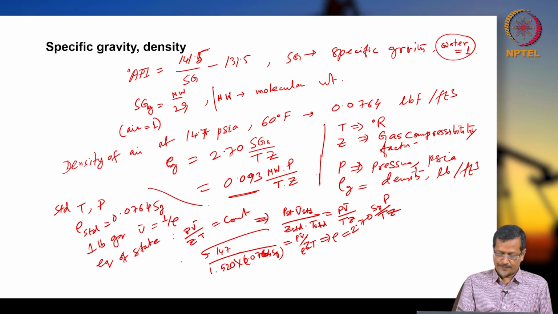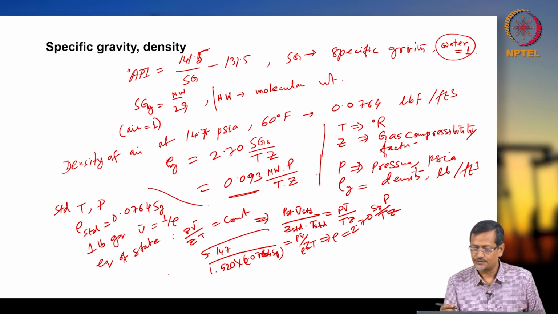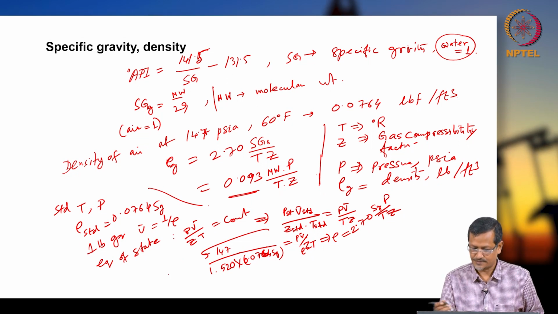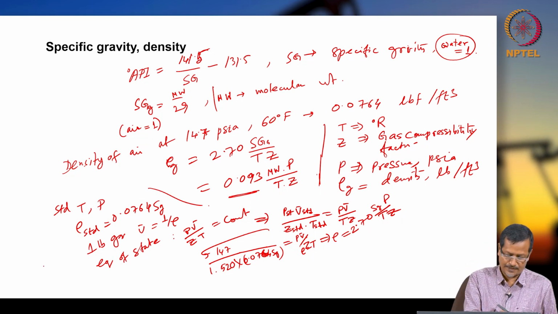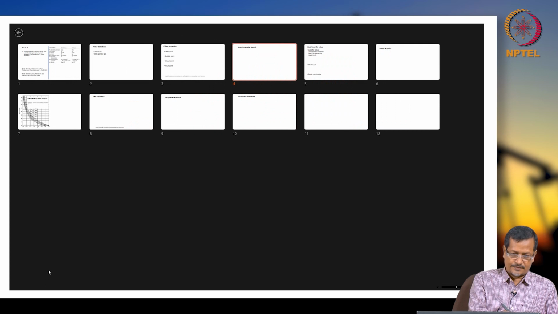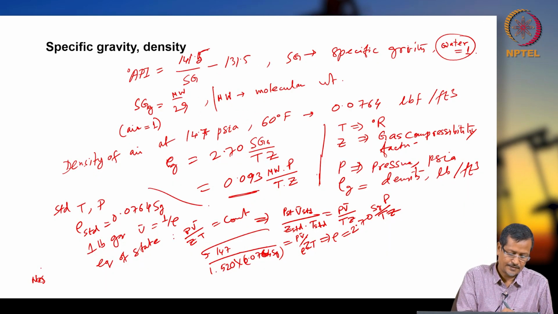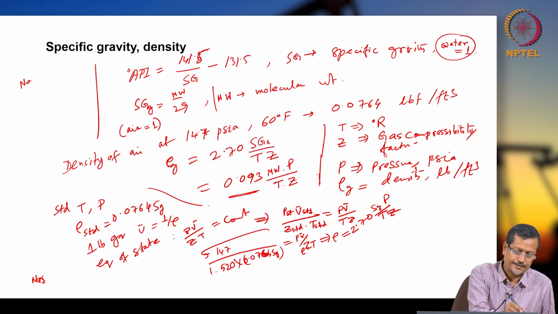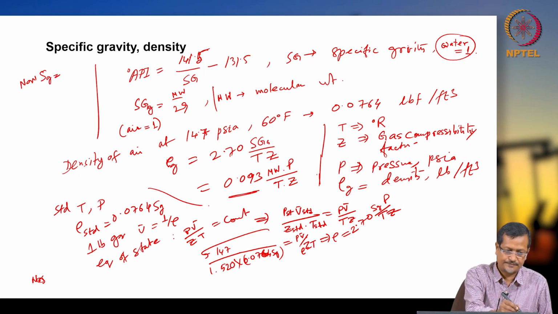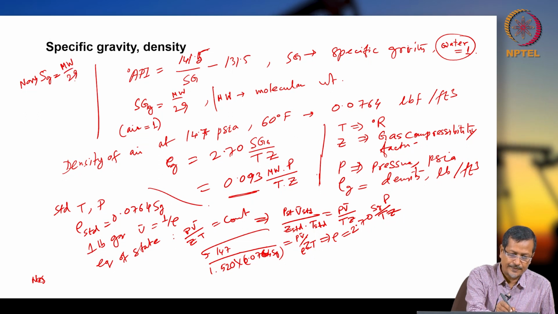Now SG equals molecular weight divided by 29.